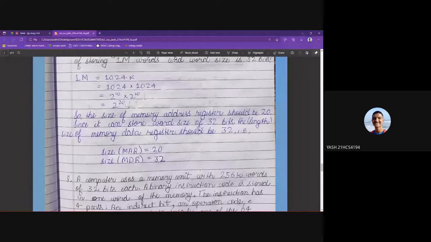So at least 20 bits are required to store 2 to the power 20 different addresses. Now, since it can store a word size of 32 bits, the length of the memory data register should be 32. Since each data in the memory is 32 bits, the data part will be 32. And since there are 2 power 20 different lines, 20 bits are required for the address part. Therefore, the size of address register is 20.